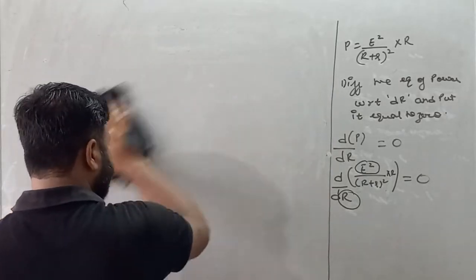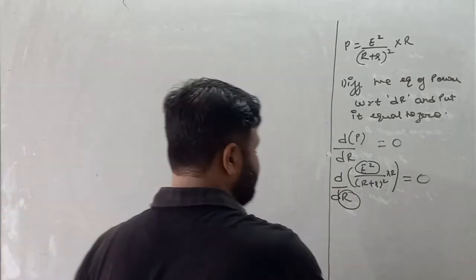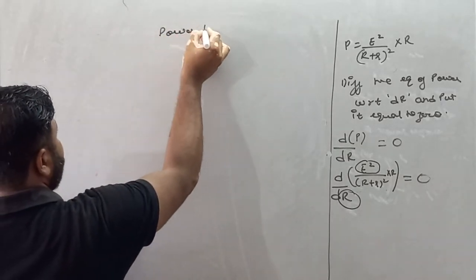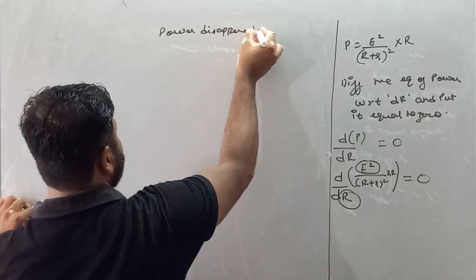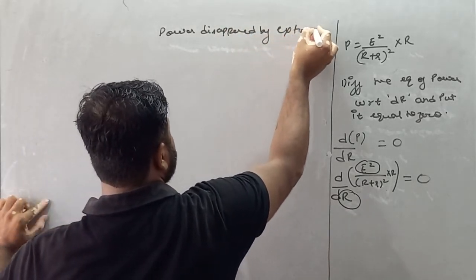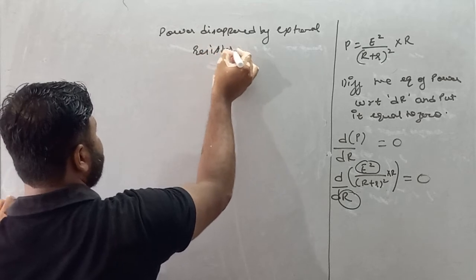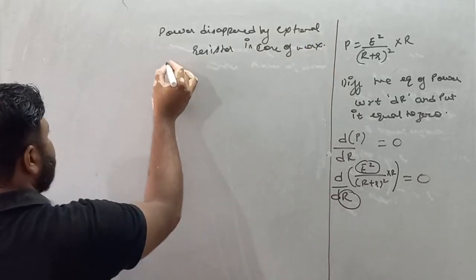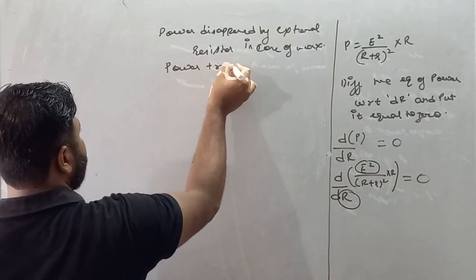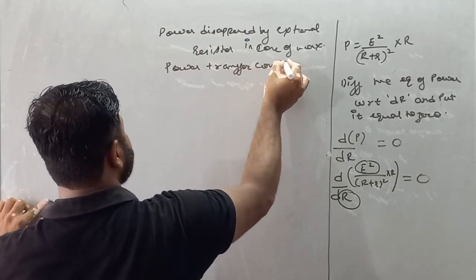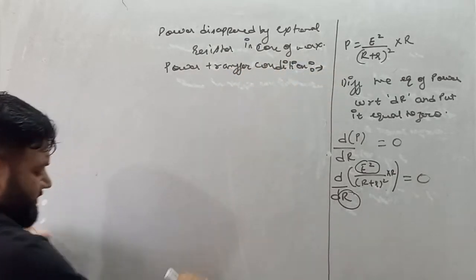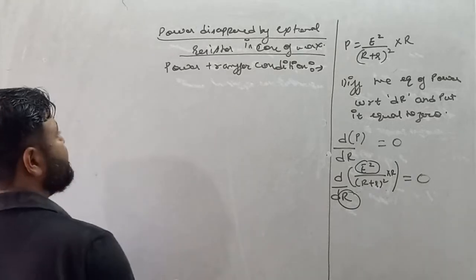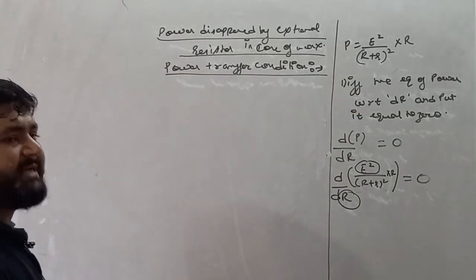We'll write down: power dissipated by the resistor. Power dissipated by the external resistor in case of the maximum power transfer condition.